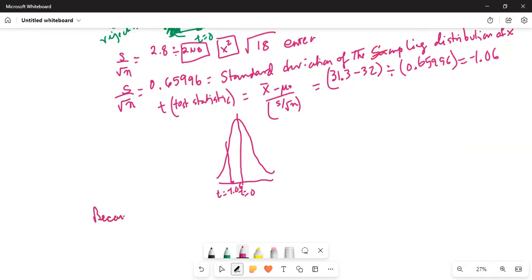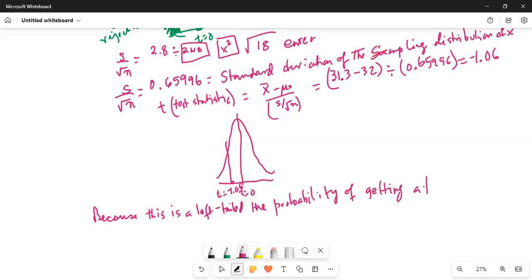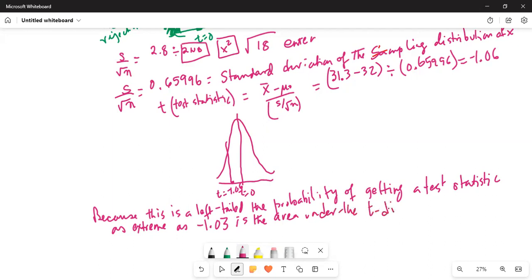Because this is a left tail test, the probability of getting a test statistic as extreme as minus 1.06 is the area under the t-distribution to the left of minus 1.06. So this is your p-value.